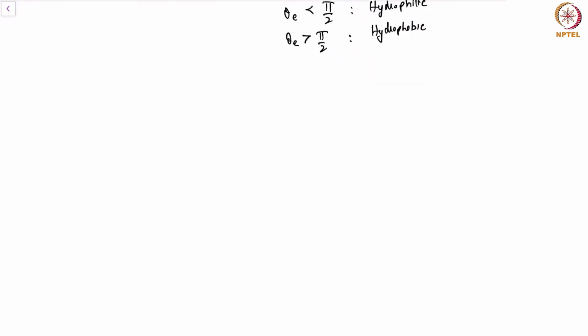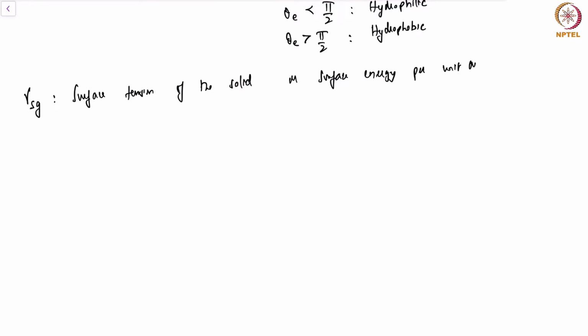So for this, let us define the energies. We'll define the parameters as follows. We'll say gamma Sg. This is the surface tension of the solid, or this is nothing but surface energy per unit area of the solid.